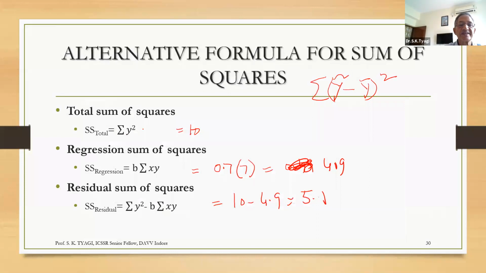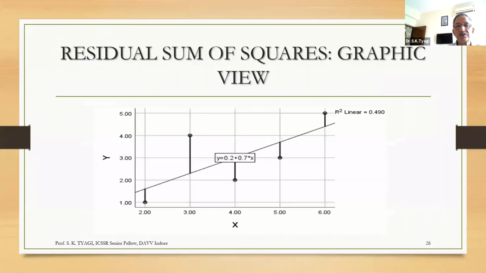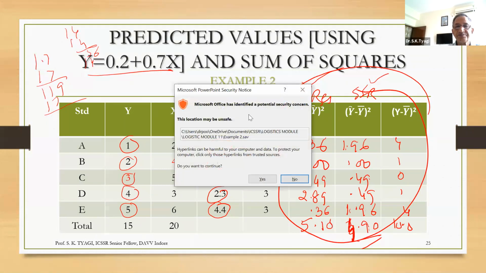We need these three things: sigma y square, sigma xy, and b, and that's all. This is this minus this. So this is a simpler way to calculate the same thing. Now I will show you the SPSS output of this and verify that everything is done correctly.